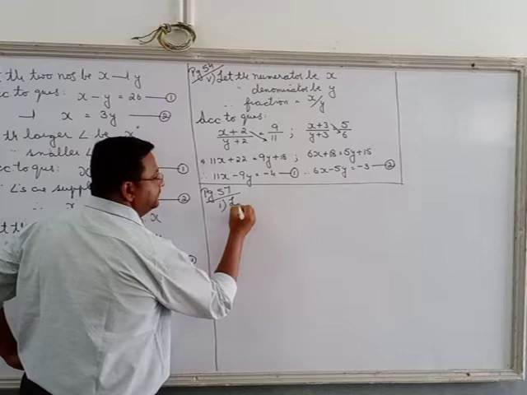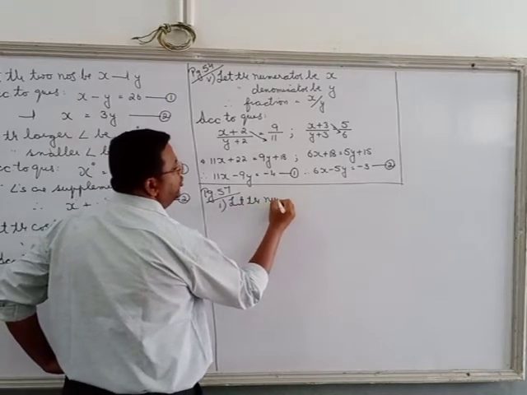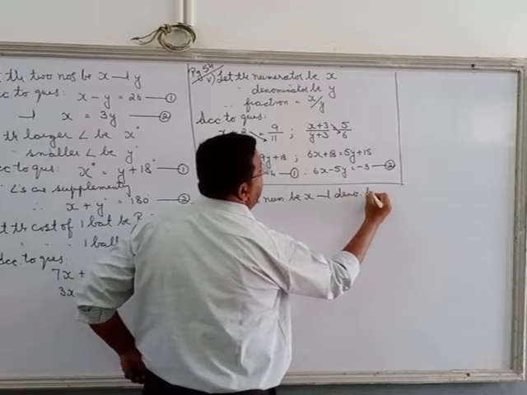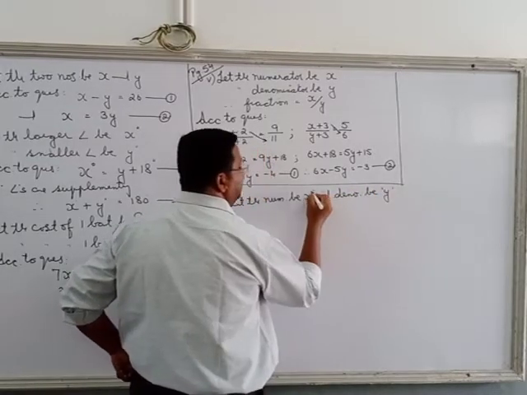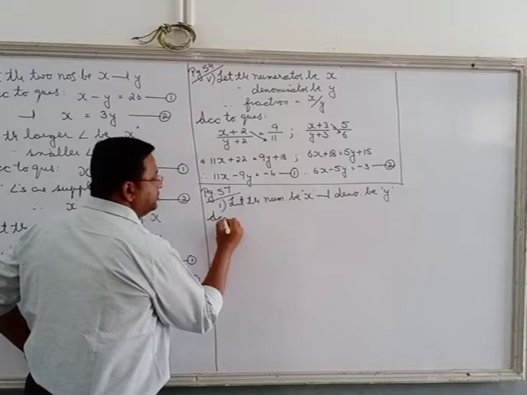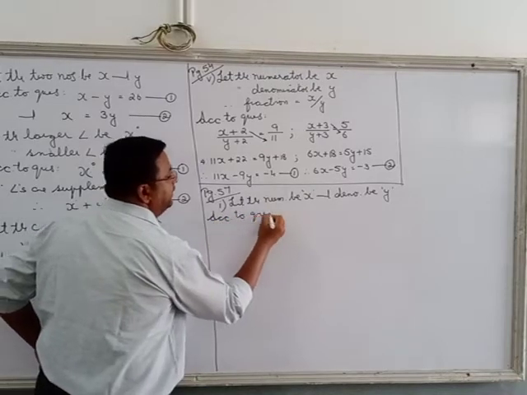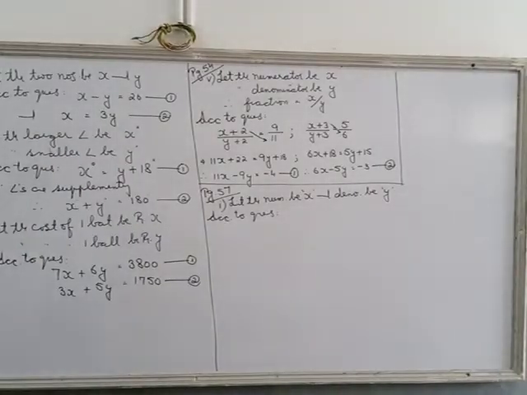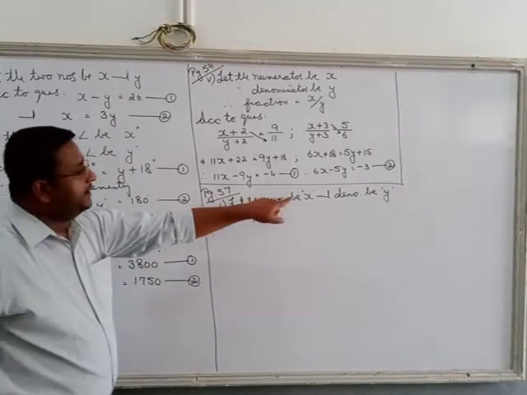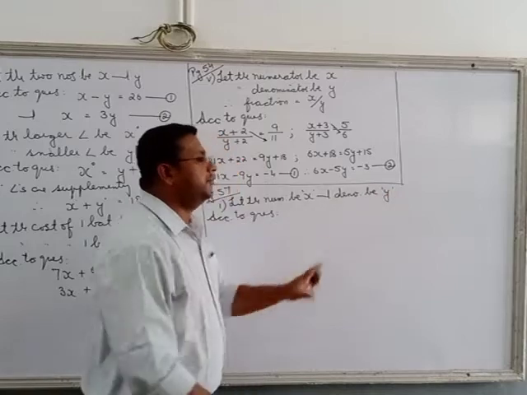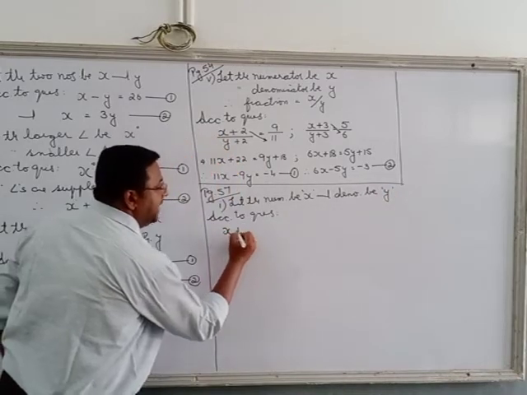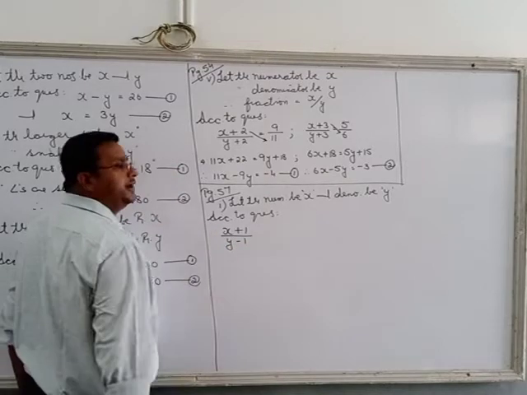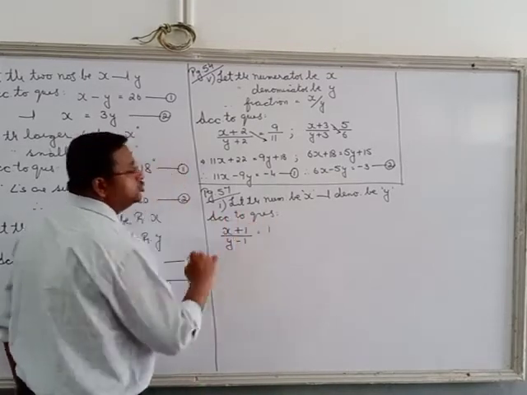So let the numerator be x and denominator be y. According to the question, read it very carefully: if we add 1 to the numerator and subtract 1 from the denominator, the fraction reduces to 1.